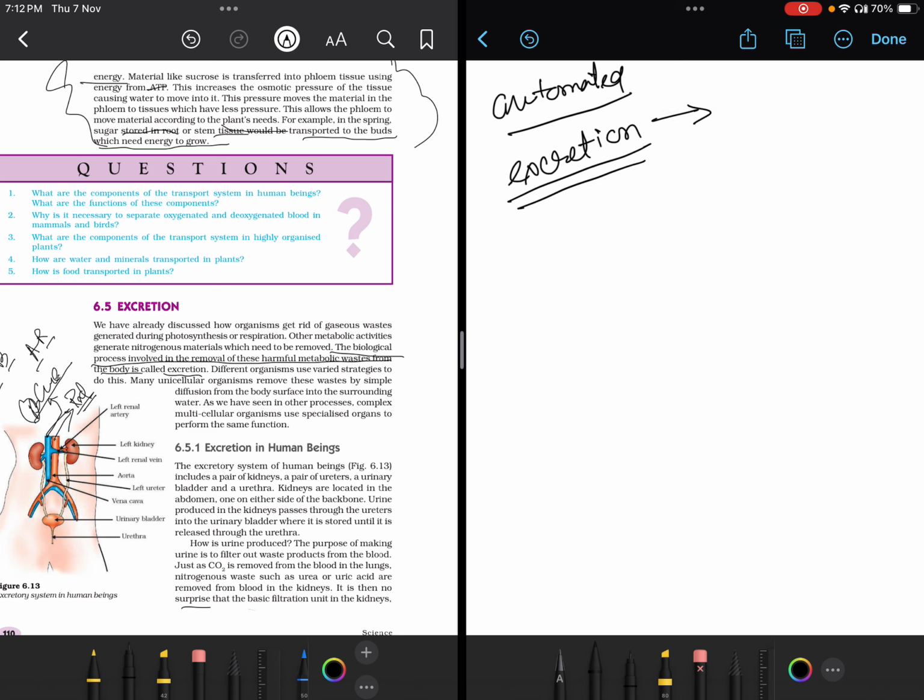And excretion is done by our kidneys, which are two in number. From the kidneys, ureters emerge. Two kidneys, two ureters. Now these two ureters combine in one urinary bladder.